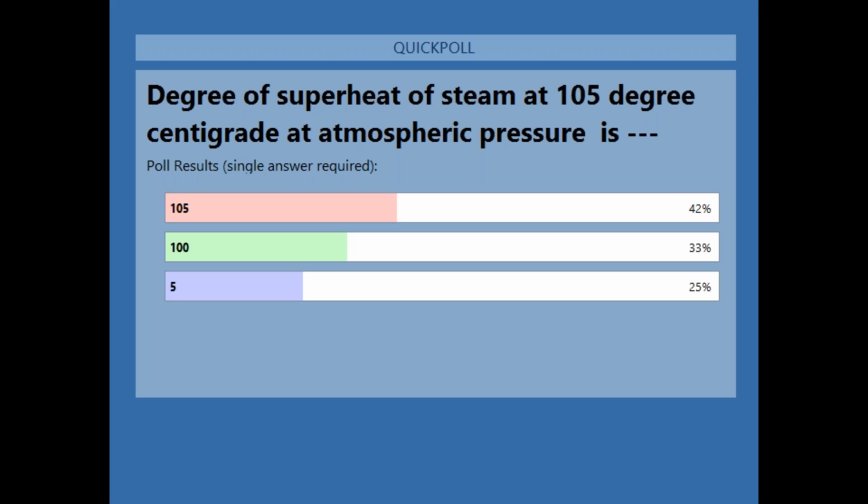Though I had not discussed the degree of superheat in the last lecture, I thought you might reflect on it and figure out what it is talking about. So I have completed the poll questions, and let me start with the discussion.